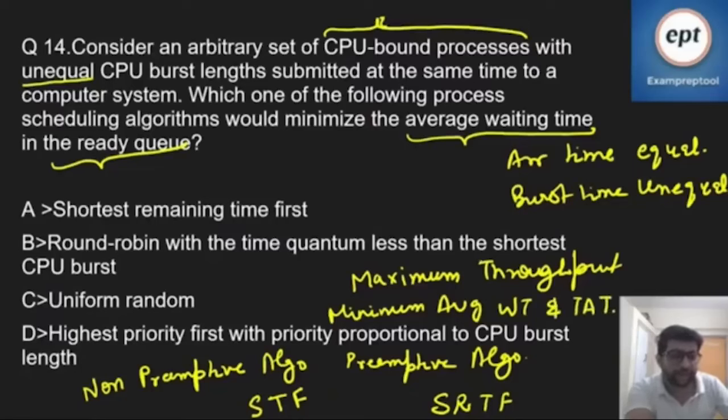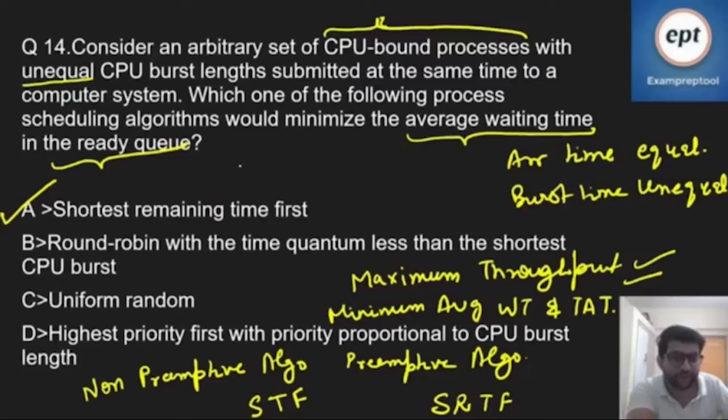Now see, if we have revised our concepts, we can just remember that SJF and SRTF are the algorithms which have minimum average waiting time, minimum turnaround time, and the maximum throughput. We just have to see the options and we can see that option A is SRTF. If we remember these concepts, we can solve this problem very easily in a very short period of time.